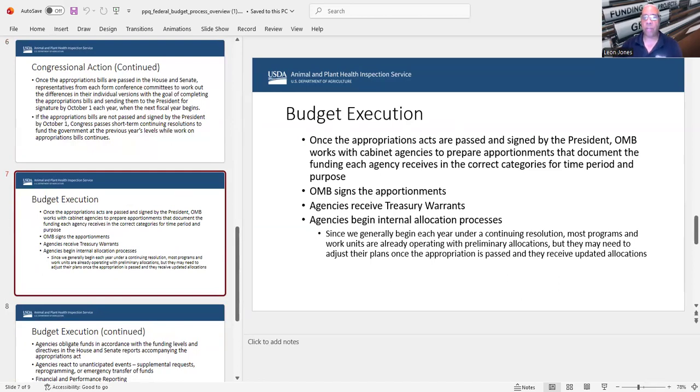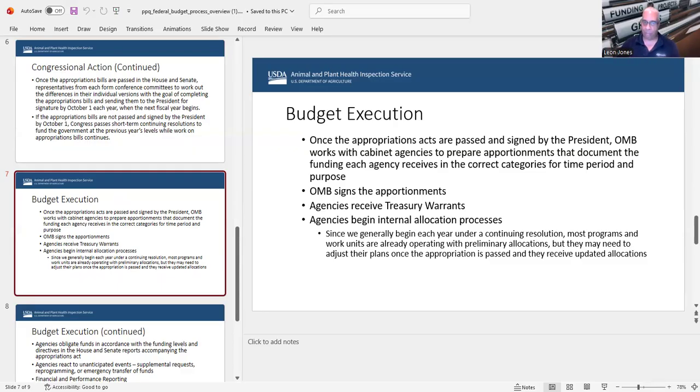And then we have budget execution. Once the appropriation acts are passed and signed by the president, OMB will work with the cabinet agencies to prepare apportionments that document the funding each agency receives in the correct categories for the time period and purpose. Then OMB is going to sign the apportionments. And once that happens, agencies receive Treasury warrants.